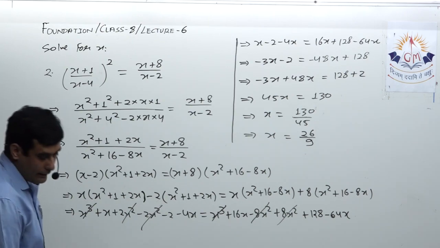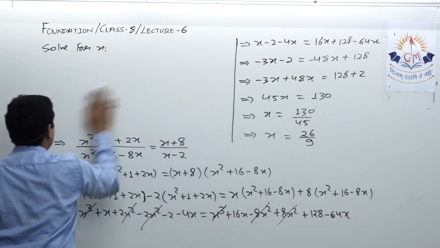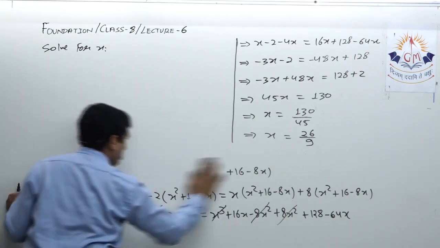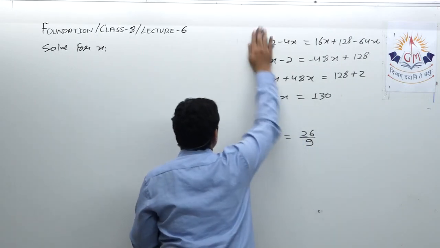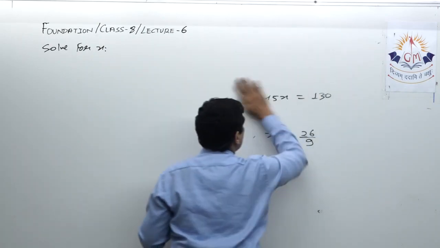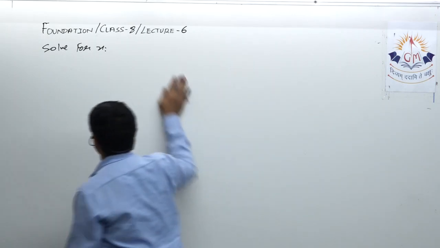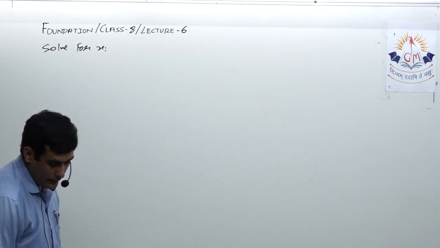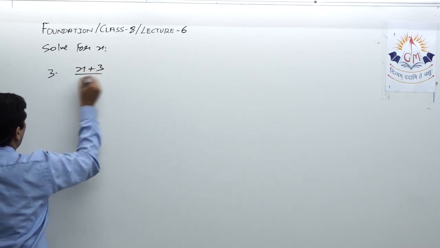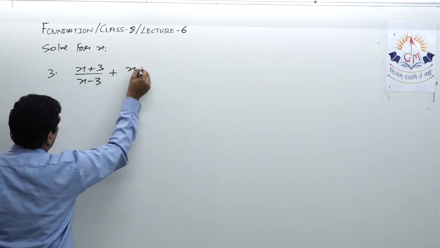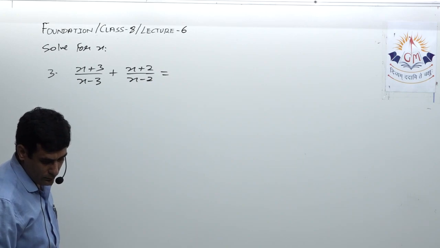Okay, now let us see the next question. Question number 3, x plus 3 upon x minus 3 plus x plus 2 upon x minus 2 is equal to 2.